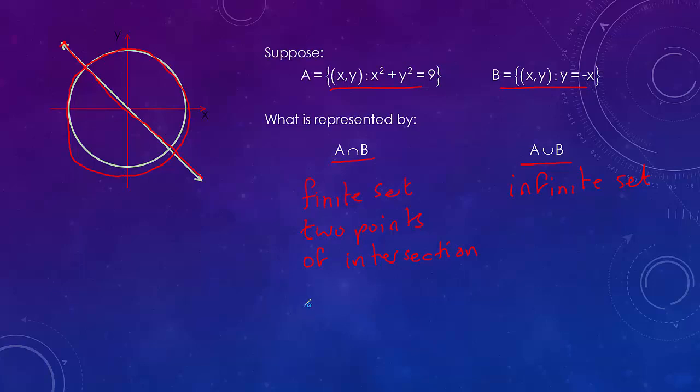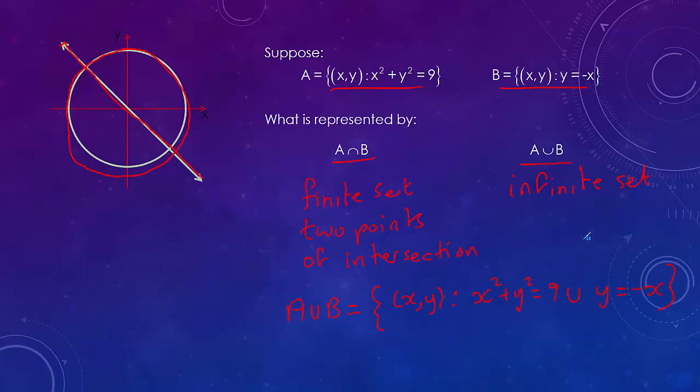So what we could write for that one is that A union B would be the set of points x, y such that x squared plus y squared is equal to 9 or y is equal to negative x.